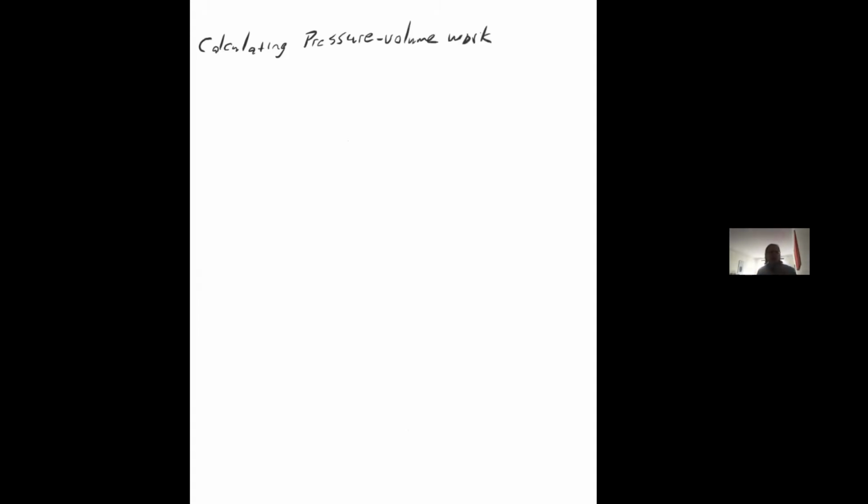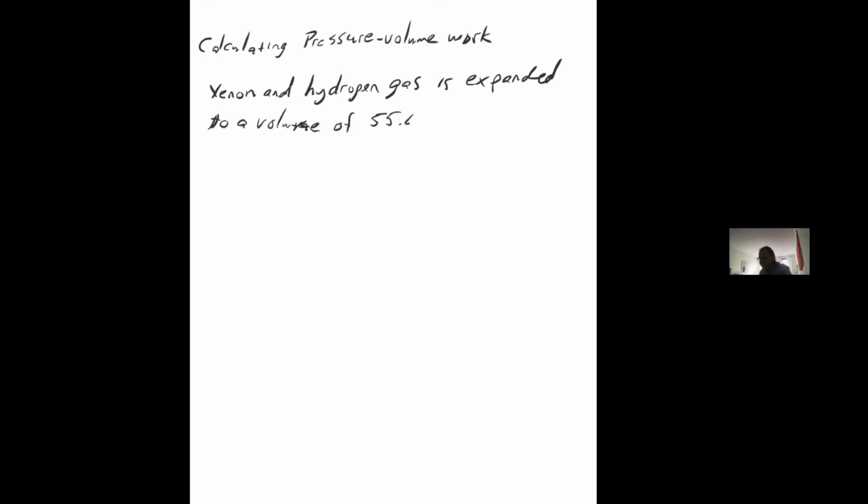In this question, you've got a mixture of xenon and hydrogen gas, and it's expanded to a volume of 55.0 liters to 91.0 liters. So that's the expansion of a mixture of gases.